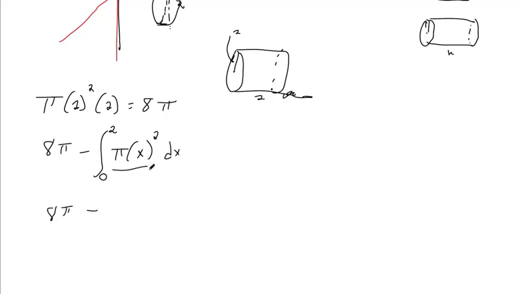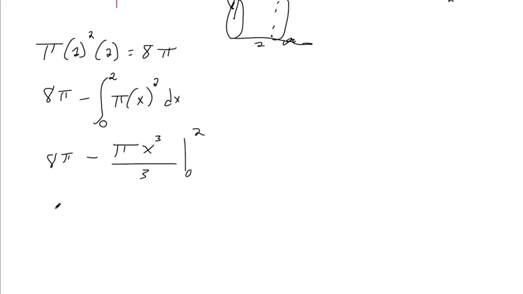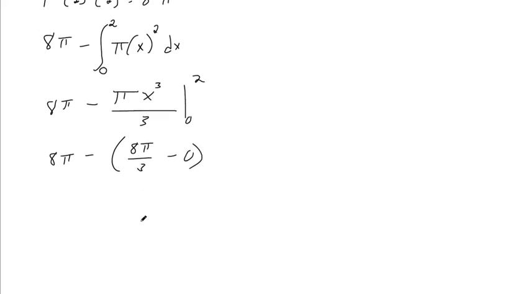Okay, so the rest of this is pretty easy compared to setting the whole thing up, right? This is pi x to the third over 3 for the antiderivative, and I evaluate that from 0 to 2. And then here I'm going to plug in 2, so 2 to the third is 8, giving 8 pi over 3. I need to subtract what happens when I plug in 0, but that's just going to be 0.